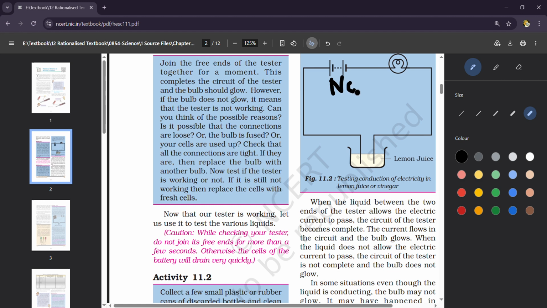Salt is NaCl, so it is divided into Na and Cl. Na on one side, Cl on the other side. Able to understand? That's why the solution of NaCl conducts electricity, but the sugar solution doesn't conduct electricity.